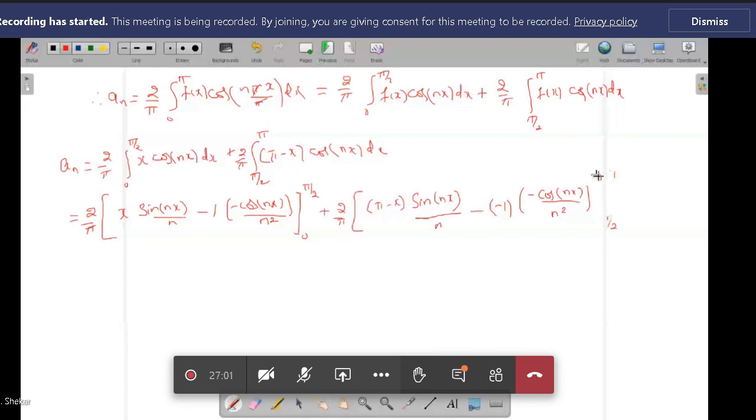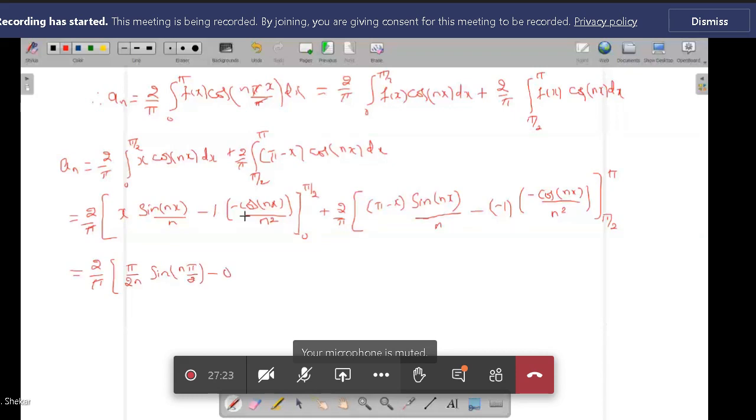So now just apply the limit and simplify. So 2 by pi into, when you put an upper limit, this is pi by 2 into n into sin n pi by 2. So minus, lower limit is 0.